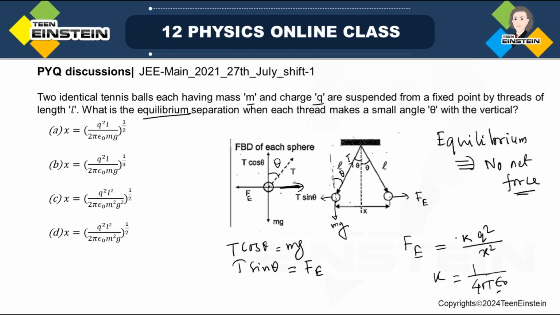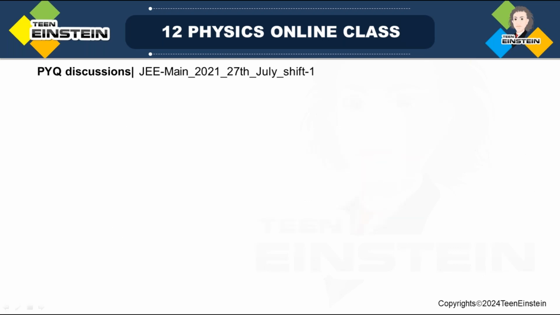Now let us put this electric force and do the necessary calculations to find out X. So look, we have got T cos theta equal to mg, and T sin theta is equal to Q square by 4 pi epsilon naught X square, right?